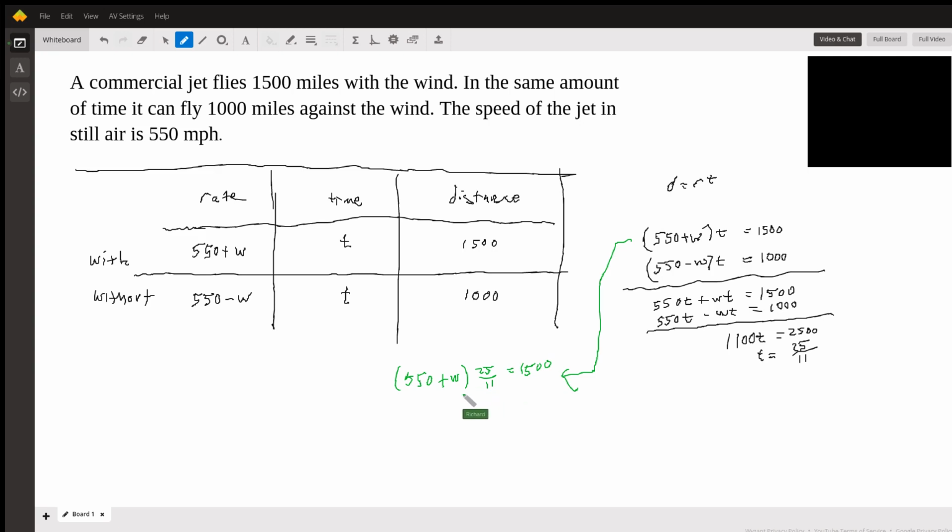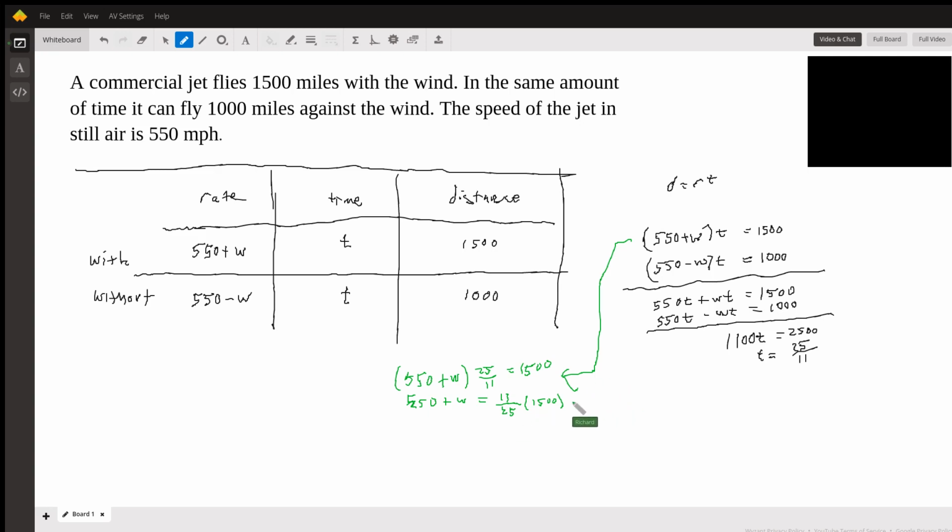Let's get rid of that 25/11. So we're going to do 550 plus W is equal to 11/25 times 1500. I think that might simplify nicely. 1500 divided by 25 is 60 times 11.